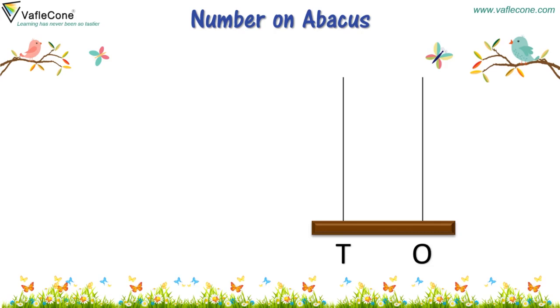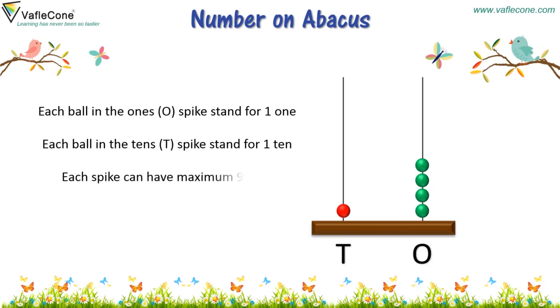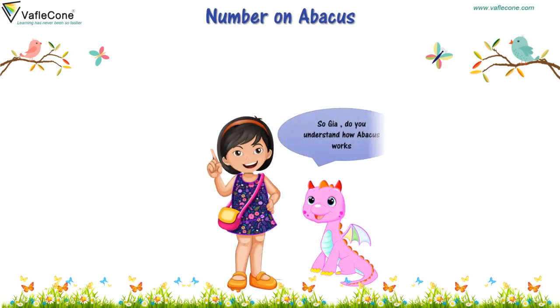Each spike can have a maximum of 9 balls. So, Gia, do you understand how Abacus works?